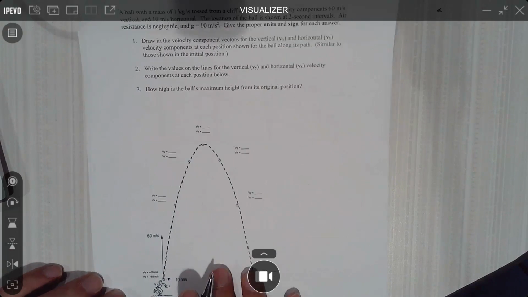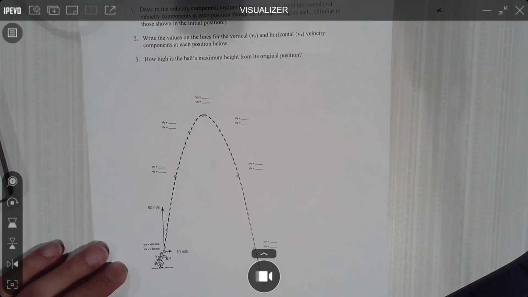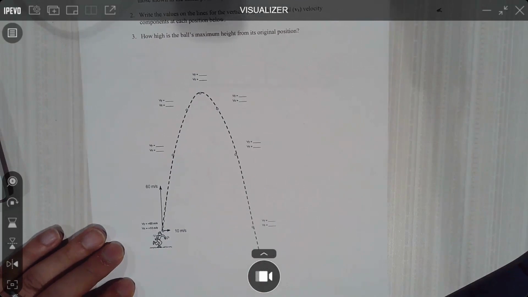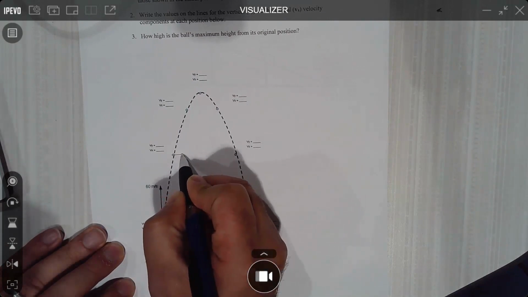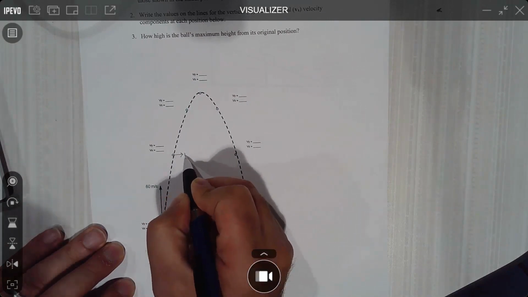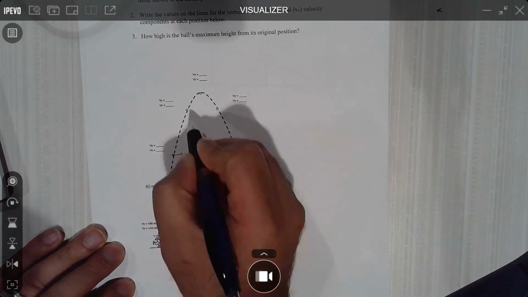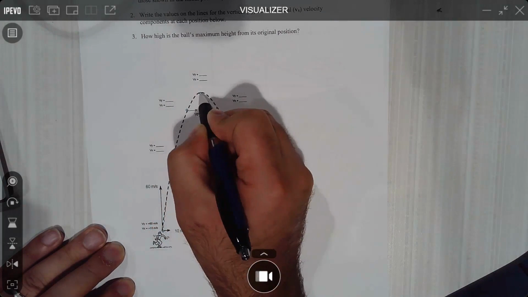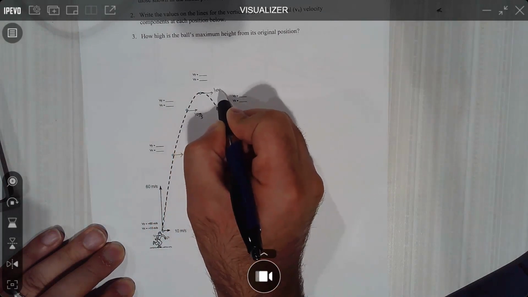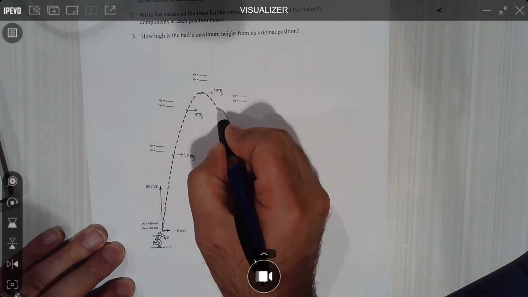We know that in projectile motion, the horizontal velocity is always the same. So if here it is 10 meters per second, this is going to be 10 meters per second, 10 meters per second, 10 meters per second, 10 meters per second.